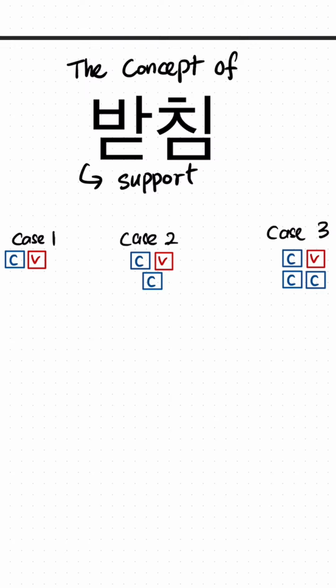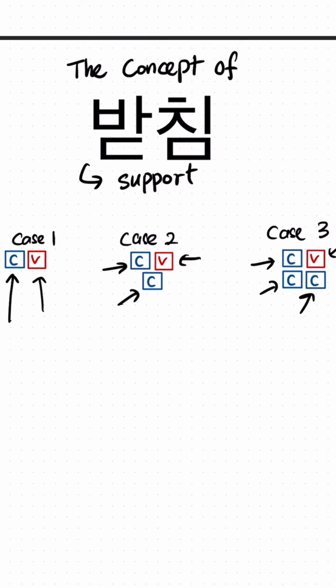If you remember from our previous class, we learned that when we try to construct a character, which involves at least a consonant and a vowel, we have three cases. Case number one, one consonant and one vowel. Case number two, two consonants and one vowel. And case number three, we can have up to three consonants and one vowel.